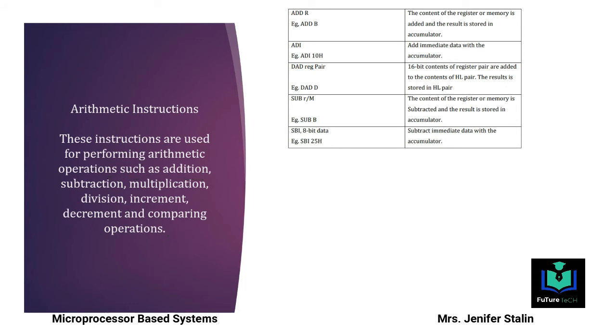The subtraction operation is similar to the addition operation. We have two examples here. SUB B means that at the end of this instruction, the content which is present in register B is subtracted from the content which is present in the accumulator, and the result is stored back in the accumulator.